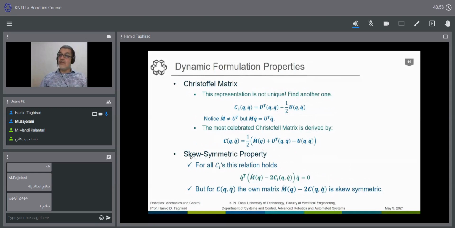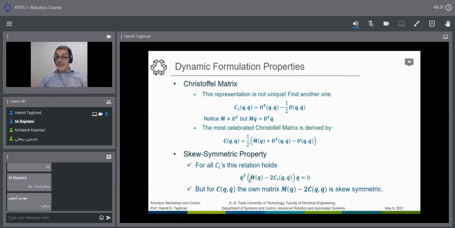We can show that for all C's, regardless of which C you are using, C1, C2, or the C, the most celebrated one, or any different type of Christoffel matrix, Q dot transpose times M dot minus 2C, M dot minus 2C, this is a new matrix. M dot minus 2C times Q dot is equal to 0. This means there's some sort of a skew symmetric matrix.